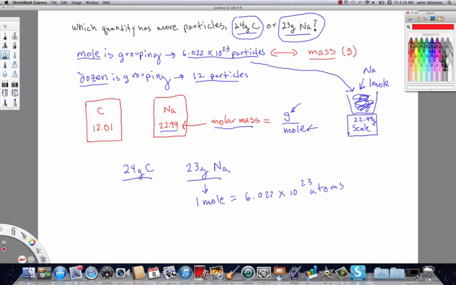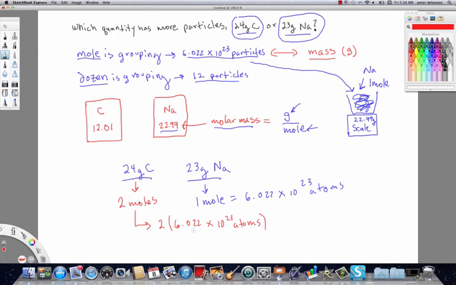When we look at the carbon, 24 grams is approximately a doubling of its molar mass. So this is about 2 moles, which is 2 times 6.022 times 10 to the 23rd atoms.